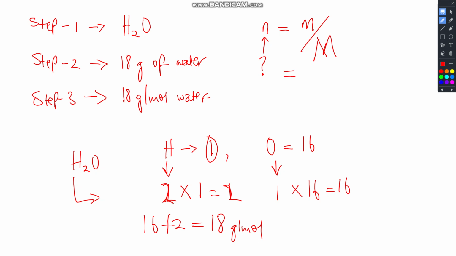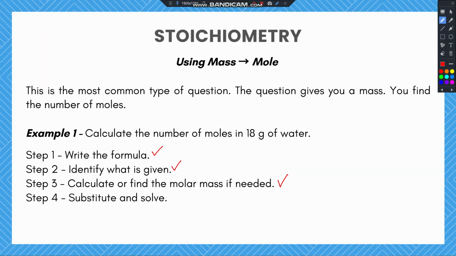It's equal to the mass of the substance, 18 grams of water, divided by the molar mass of water, which we calculated to be 18 as well. So we have 18 divided by 18, which is 1 mole. So if we go back to the question, the number of moles in 18 grams of water is simply 1 mole.